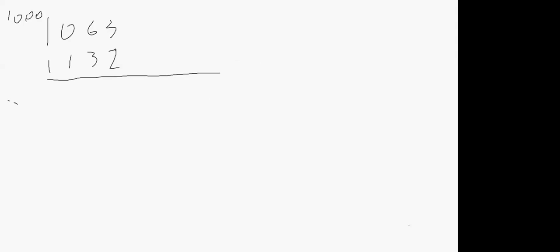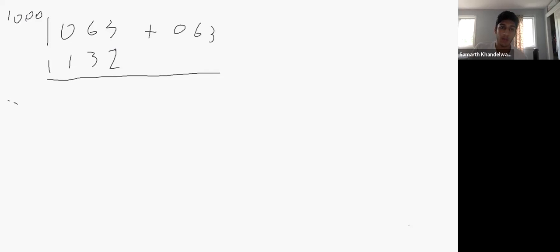And this is in base 1000. Now, I haven't shown you a problem like this yet that is this high, but the same method works. Now, I'm writing plus 063 and plus 132. And the reason I'm doing that with 3 digits is because there's 3 digits in here, and we want 3 digits on our right-hand side.